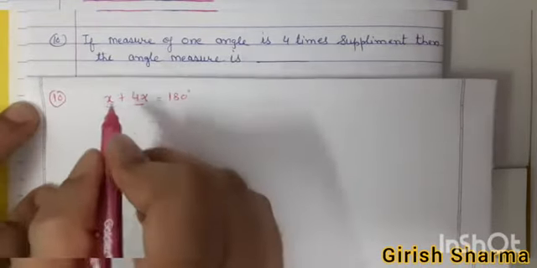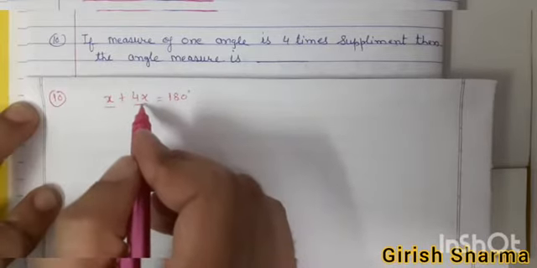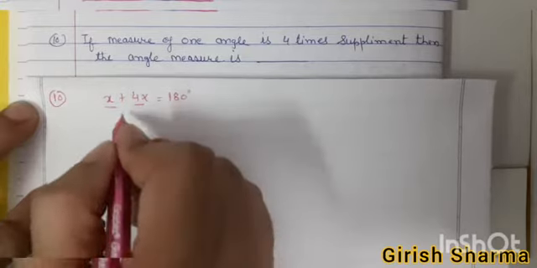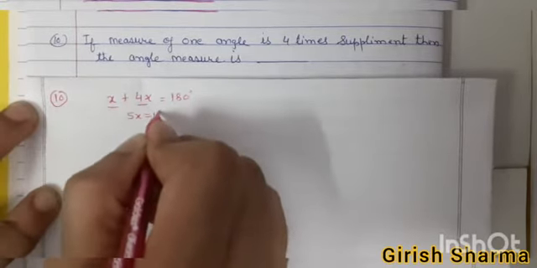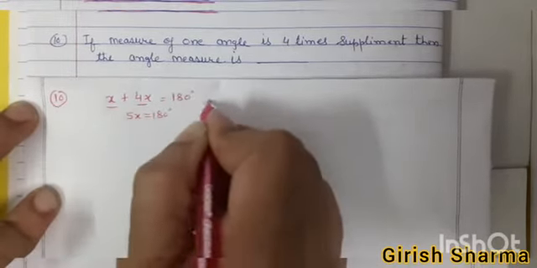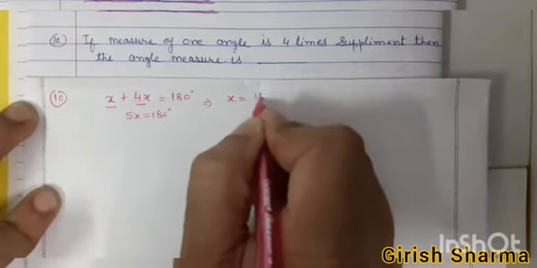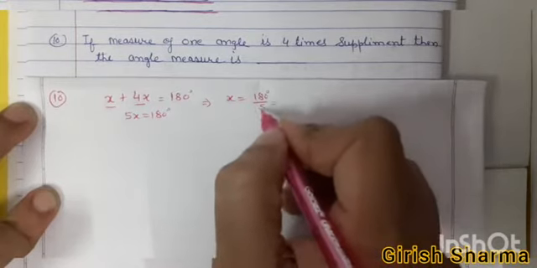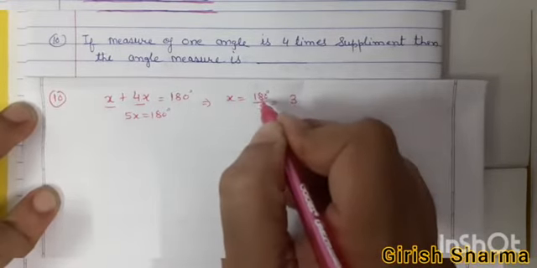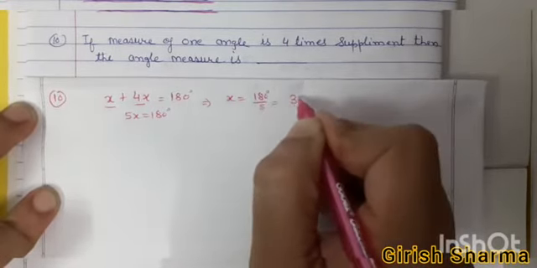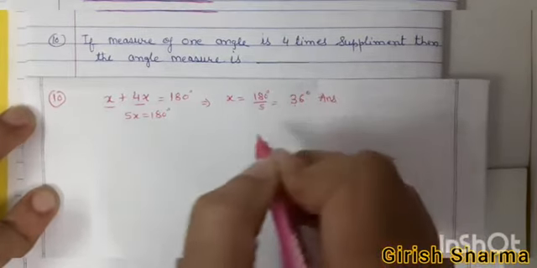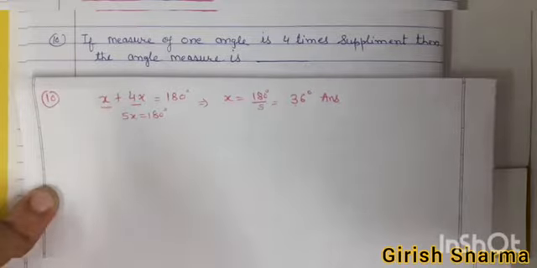Let one angle be x, and 4 times the supplement is 4x. The sum of these two will be 180. Then 5x is equal to 180. What will be x? 180 degrees upon 5. Then what will come? 5 3s are 15, 3 5 6 are 30. 36 degrees is your answer.